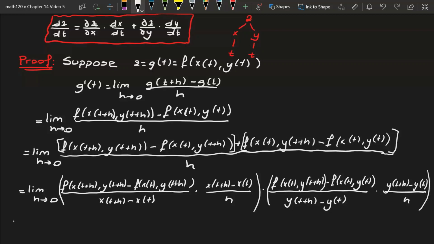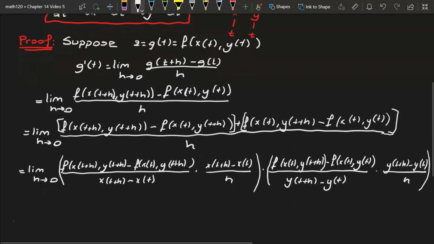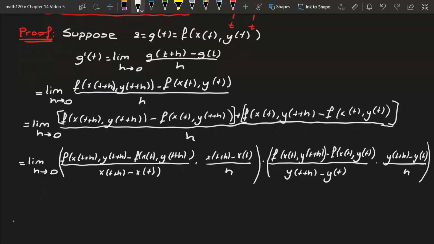Okay, so here I just divide and multiply by x of t plus h minus x of t. For the second part, I did this with y of t plus h minus y of t.